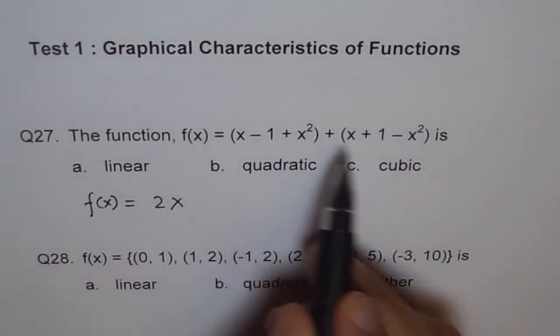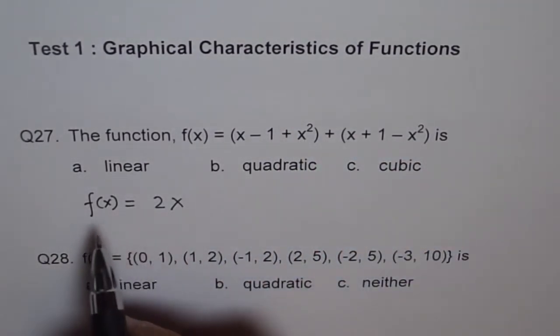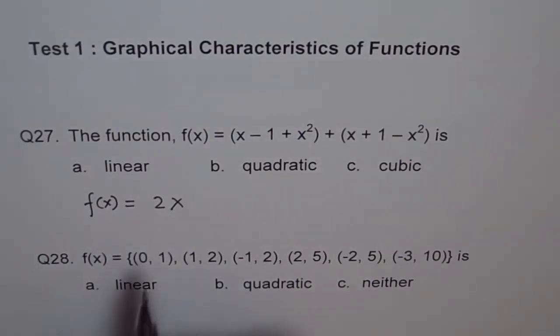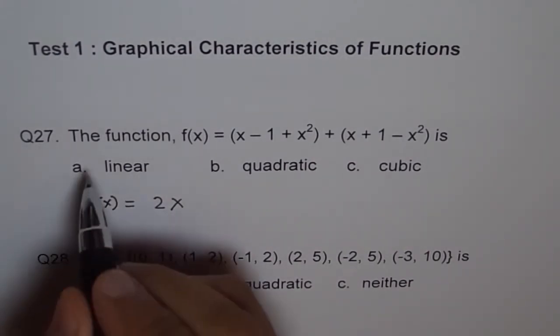And plus x squared and minus x squared is also 0. So f of x is equal to 2x. So that clearly indicates that this given function is linear, correct? So that's our option. Option A, linear.